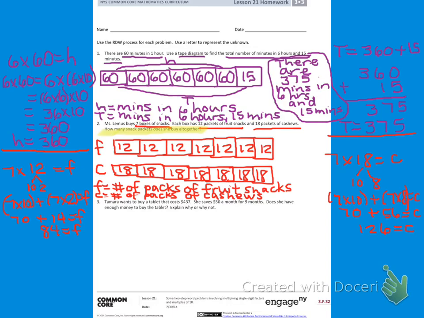All right, now I know how many packets of fruit snacks there are in 7 boxes, and I know how many packets of cashews there are in 7 boxes. Now I need to make my last equation. That's going to be the fruit snacks plus the cashews will equal the total. So fruit snacks is 84, plus the cashews is 126, and that equals the total.